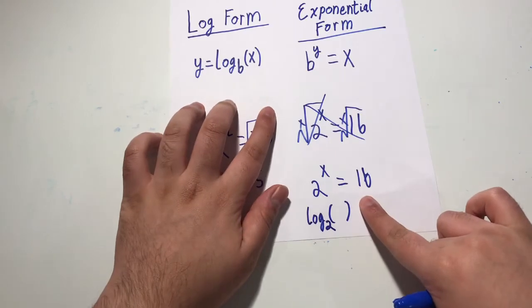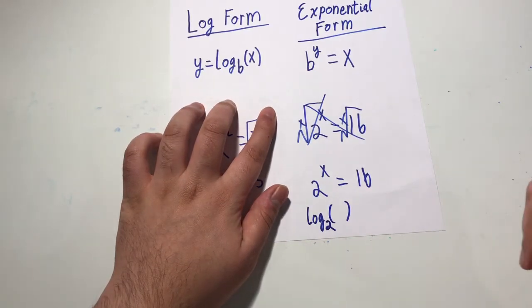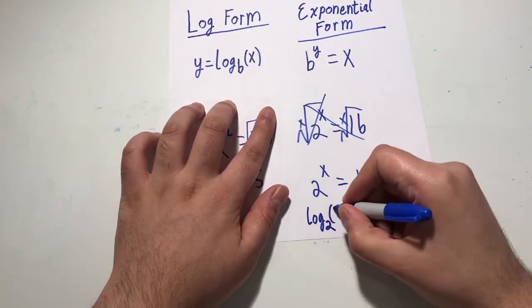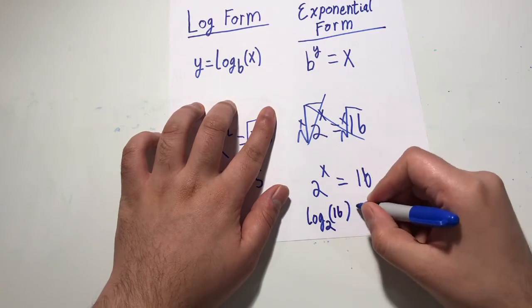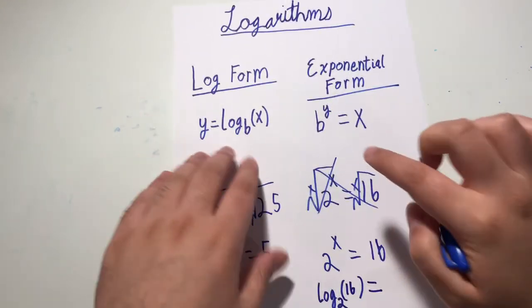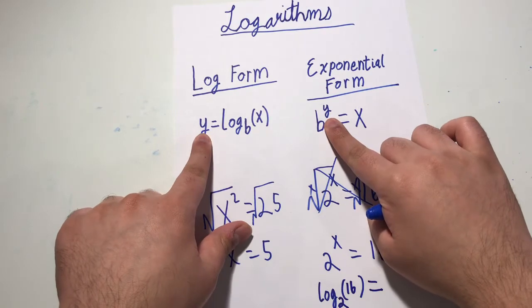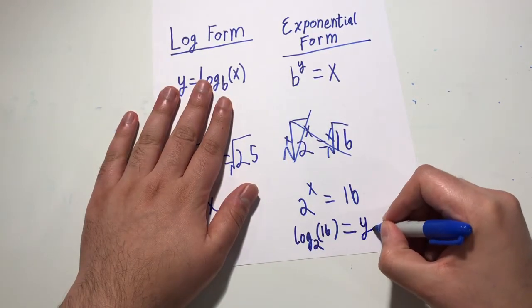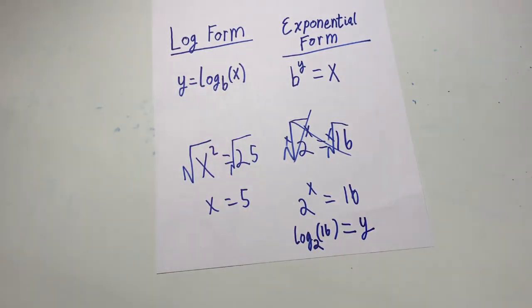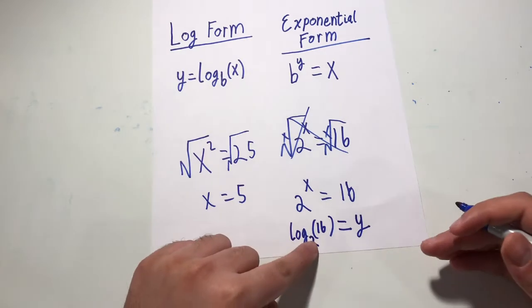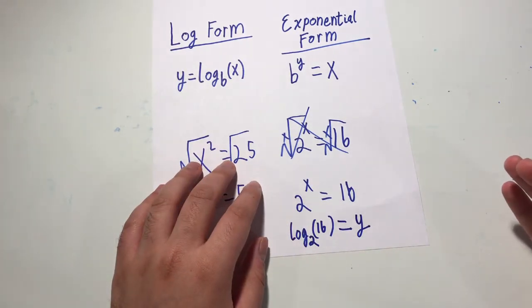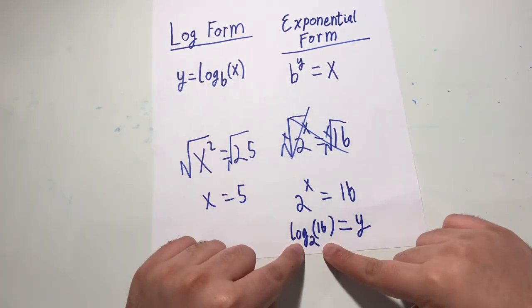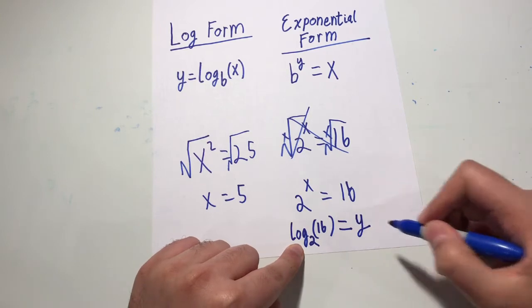The answer was 16. That was the thing alone on the other side of the equal sign. So it's log base 2 of 16, and that's equal to whatever the original exponent was, which in this case was y. And that's how you would convert it to log form. Now, for much larger numbers, you'd typically be allowed to use a calculator. You could put this into your calculator to find out what this answer is.